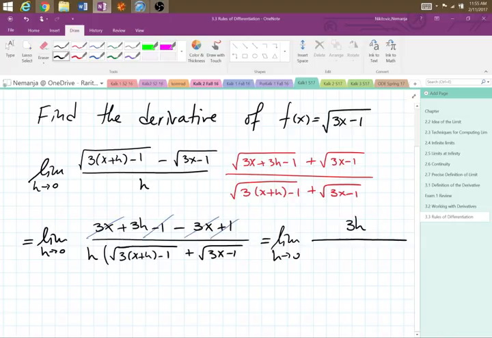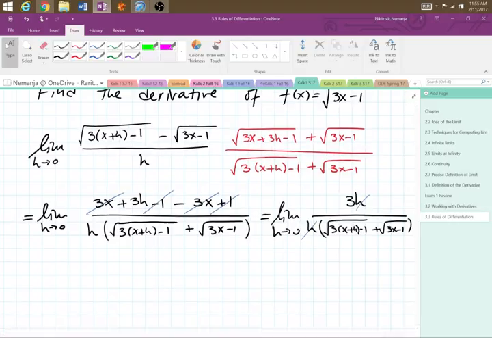And in the denominator, we have this wonderful h times the parenthesis. So now, h cancels. And we can finally apply h equals 0.